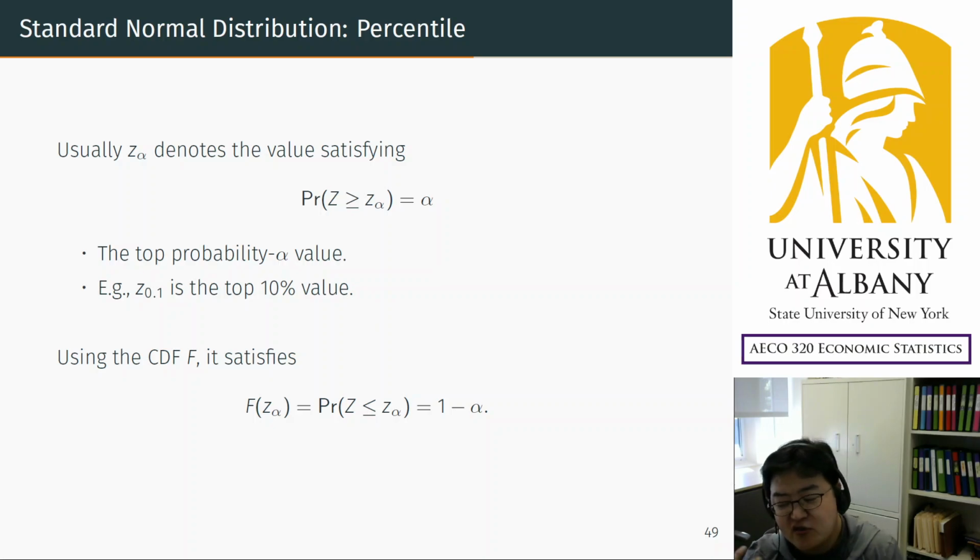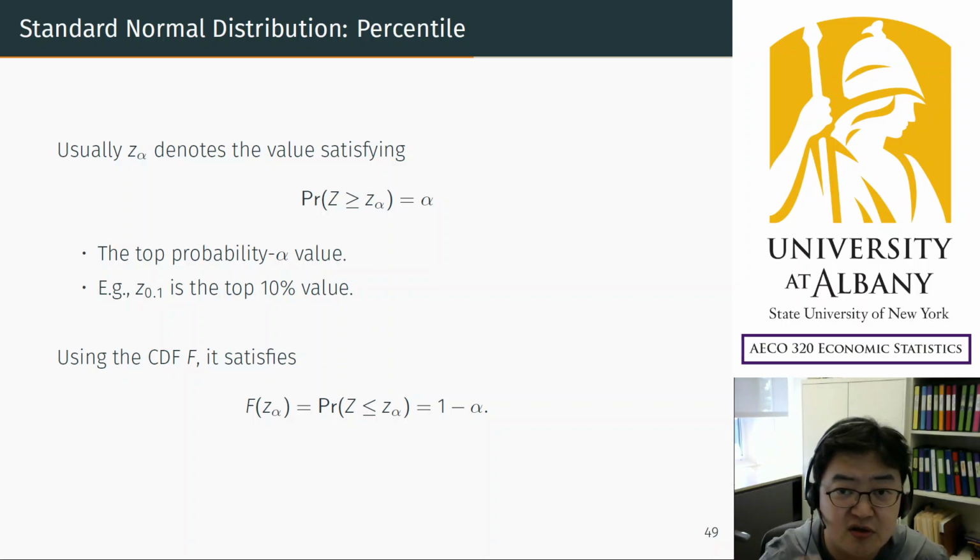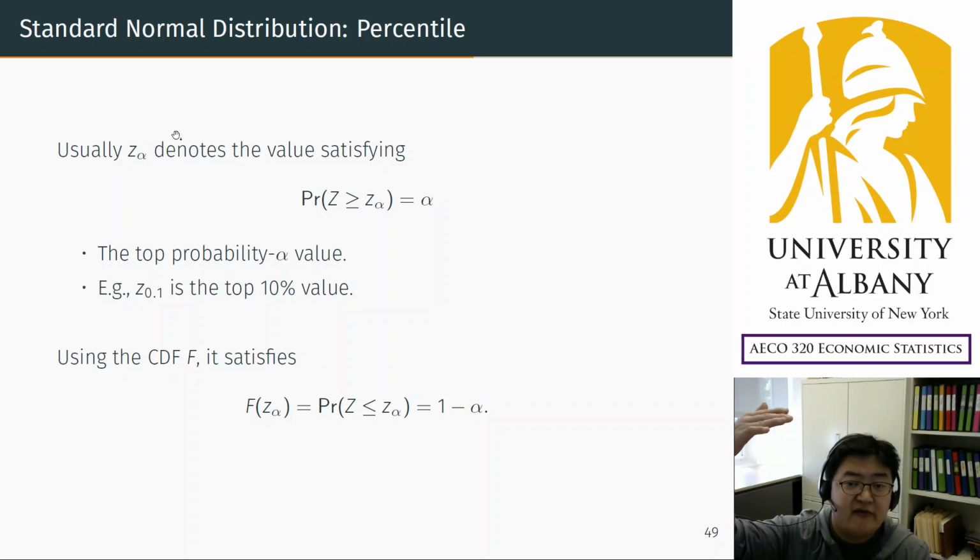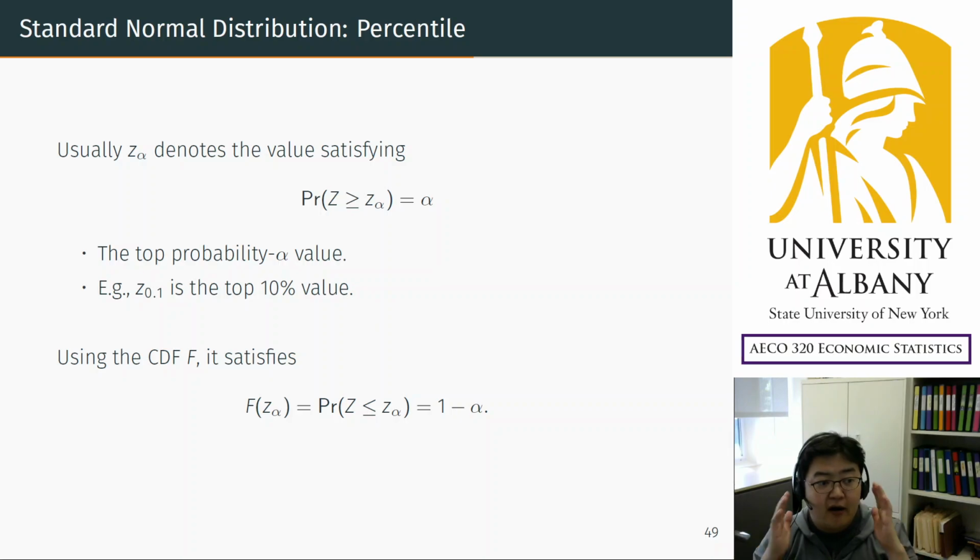Then there is another conventional notation that causes confusion. Often, lowercase z subscript alpha denotes the top alpha percent probability value. So this notation calculates probability from the top. I don't like this notation, but it's convention. It's the tradition in statistics, so I cannot change the tradition.